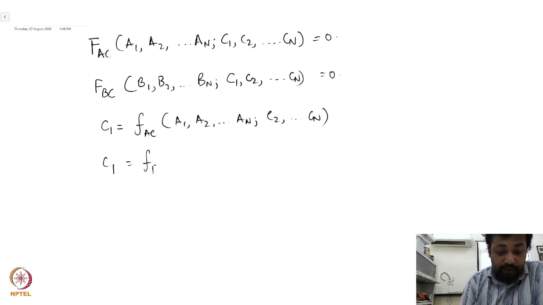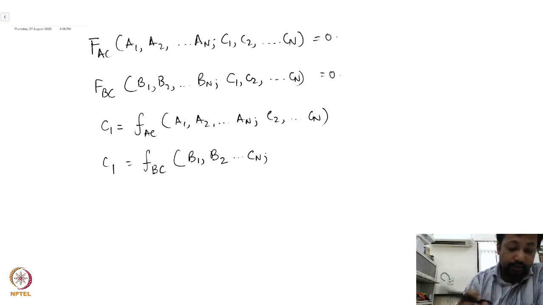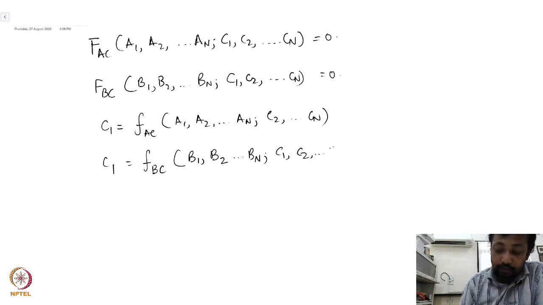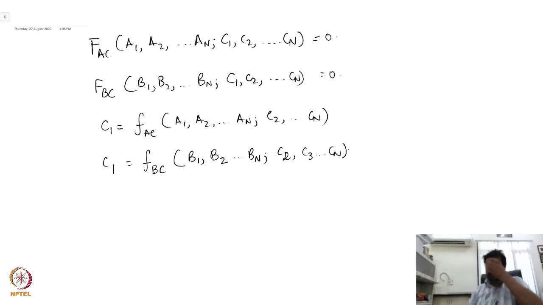Similarly, from the second equation, I can take C1 to the left hand side and write it as a function of B1 up to Bn, and C2, C3, up to Cn. So I have these two functional relations.